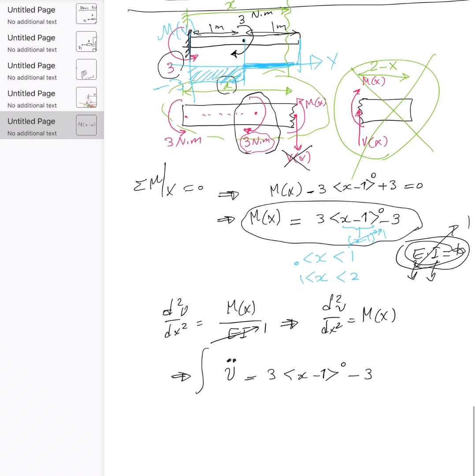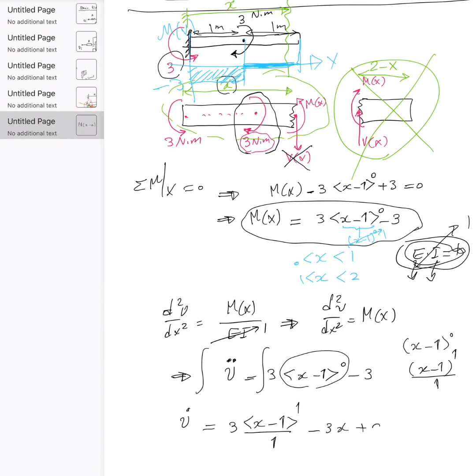Integrate, first integral, you get v dot is equal to 3. Now this is the thing, if you take the integral of that, treat it like parentheses. What is the integral of x minus 1 to 0? You get x minus 1, you raise the power to 1 divided by whatever the power you raise. Refer back to your calculus book and you get all these techniques. So in fact that becomes 3 times x minus 1 Heaviside to 1 divided by 1, negative 3x plus c1.